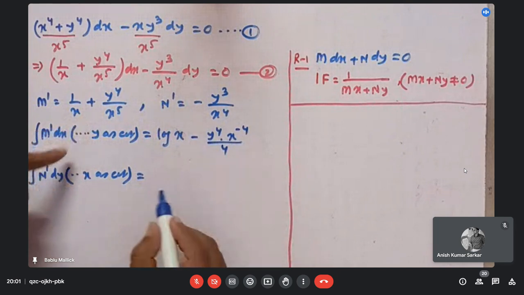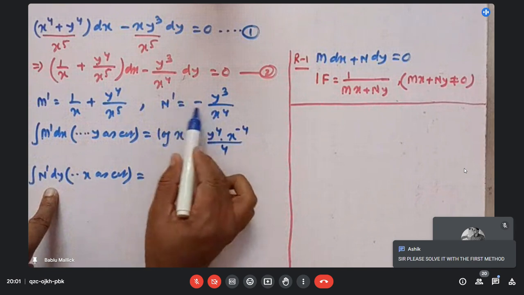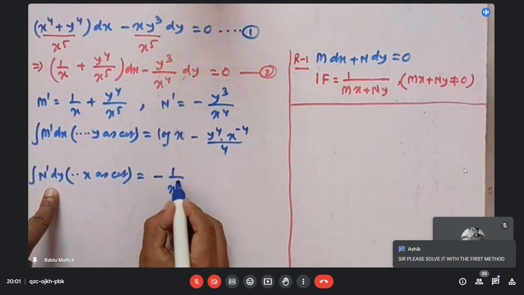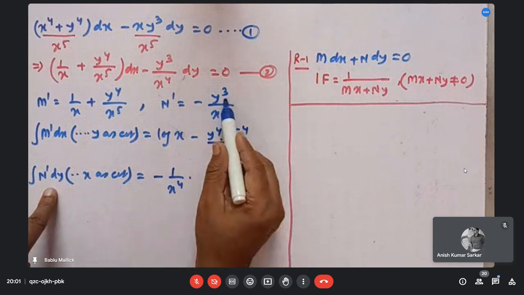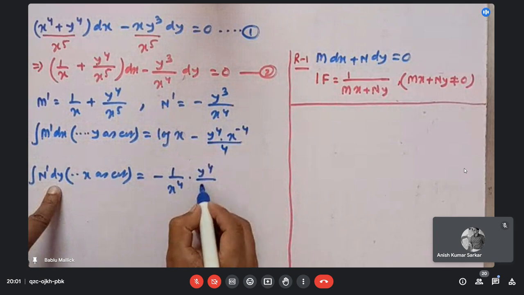And integrating N dash dy with x constant, minus 1 by x to the power 4 into the integration of y cube, which is y to the power 4 by 4.